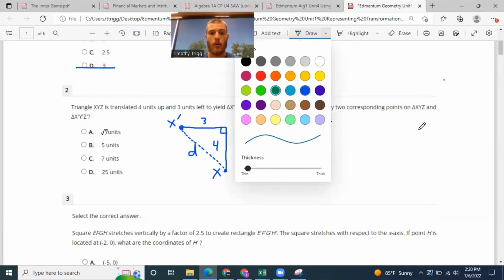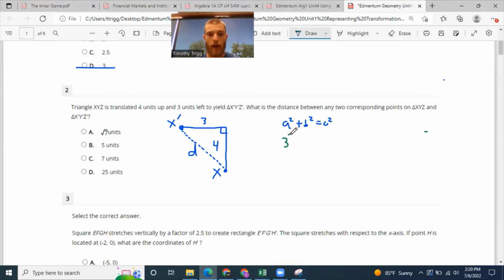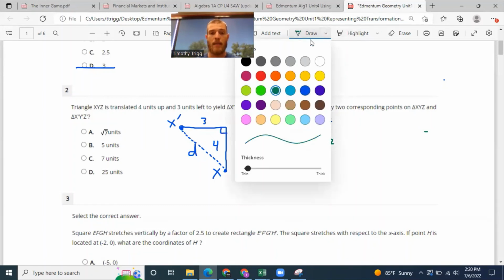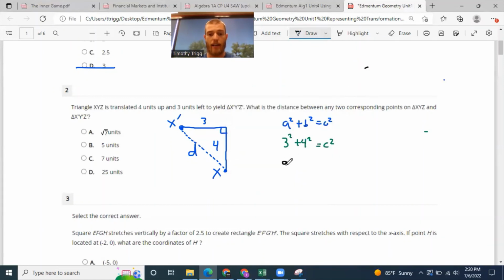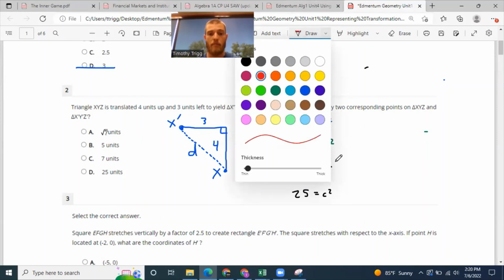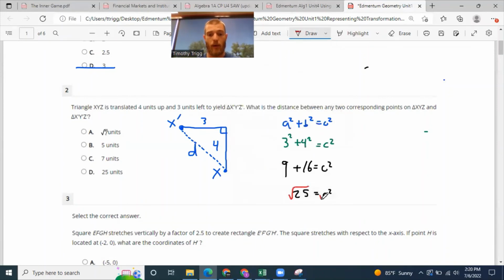So we could say 3 squared plus 4 squared gives us c squared. 3 squared is 3 times 3, so that's 9. 4 squared is 16. So 9 plus 16 is 25, equals c squared. We can finish solving by square rooting both sides of the equation to get c by itself. C is 5. Or D in this case, right?